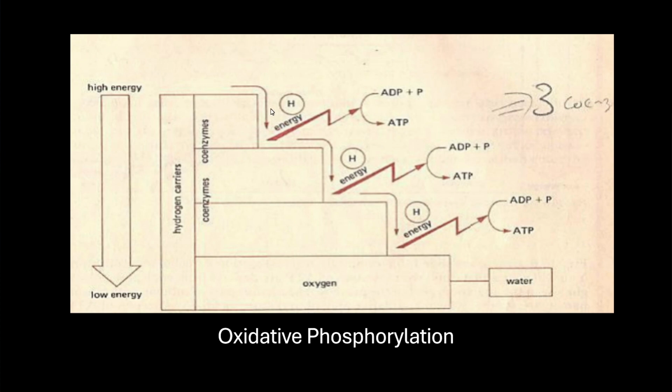When it's accepted by a hydrogen acceptor, it's going to be released again, separated. And when you separate it, energy is released. That energy that is released is used to bind a phosphate to ADP to create ATP.